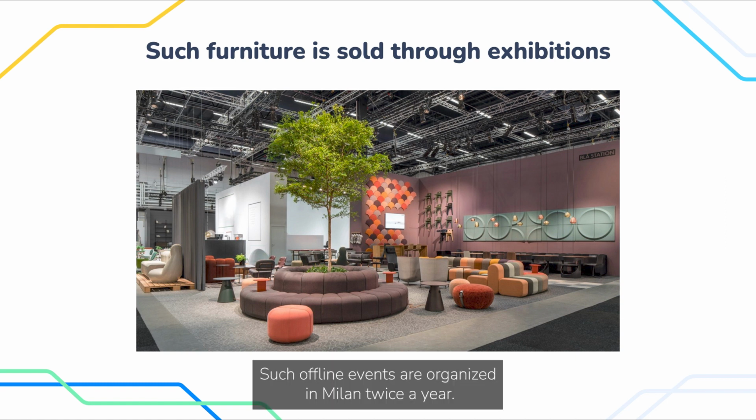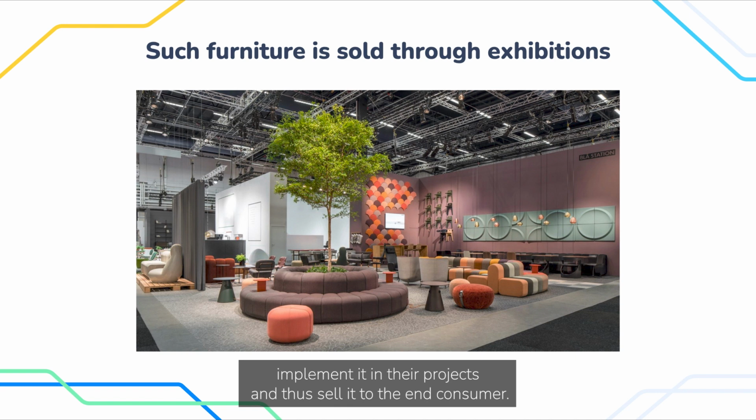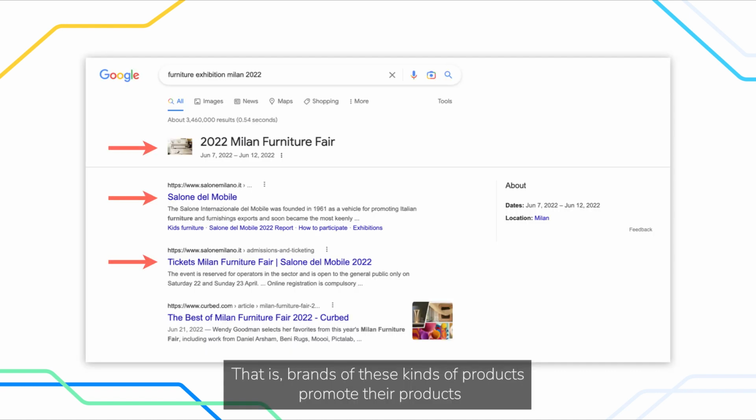Such offline events are organized in Milan twice a year. Interior designers come there, see this furniture, and implement it in their projects, and thus sell it to the end consumer. That is, brands of this kind of products promote their products through offline events. They buy advertising on the internet, but they promote an offline event where the consumer already meets the brand.